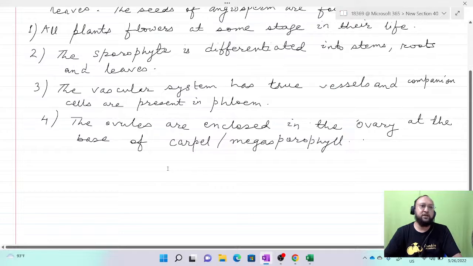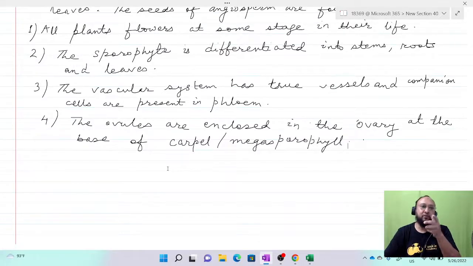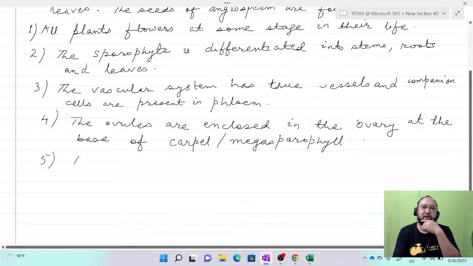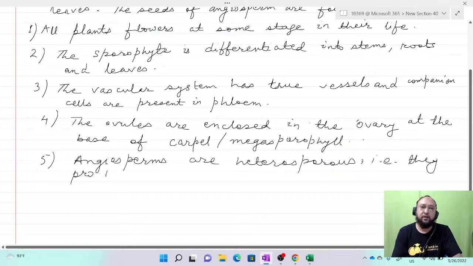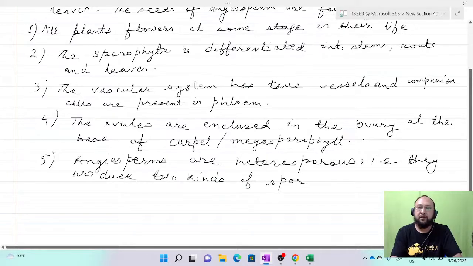Angiosperms are heterosporous, they produce two kinds of spores: microspores, pollen grain, and megaspores.